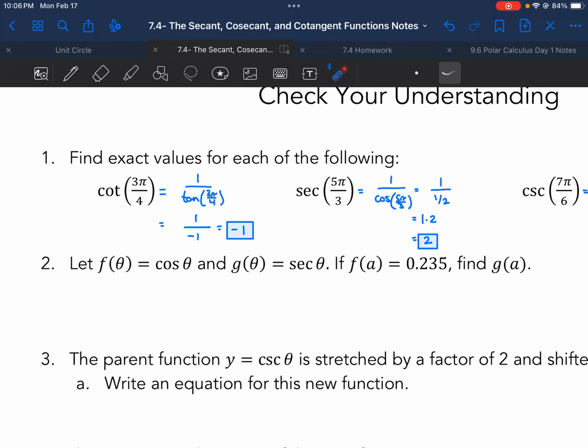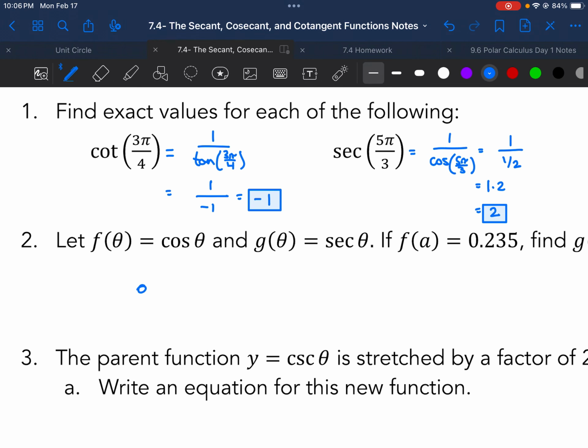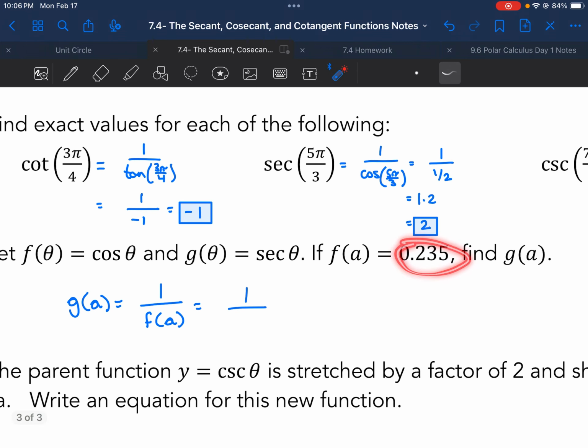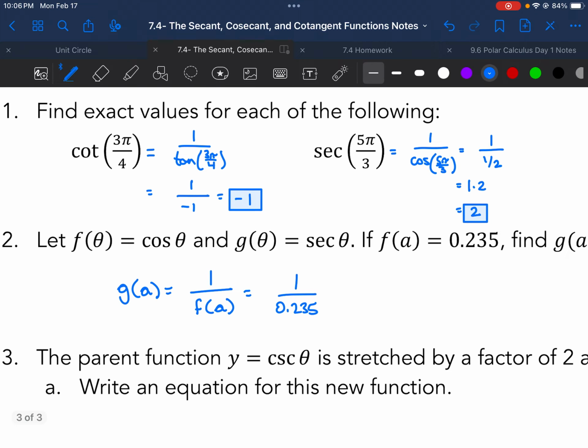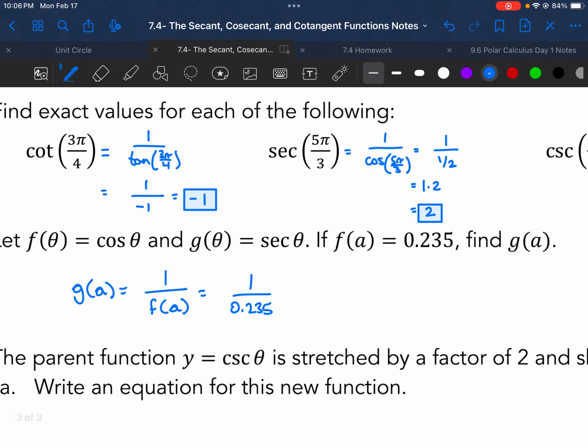So if I want to find g of a, since f and g, cosine and secant, are reciprocals, g of a would be equal to 1 over f of a. And we already know that f of a is 0.235. You could leave it like that if you wanted to, 1 over 0.235.